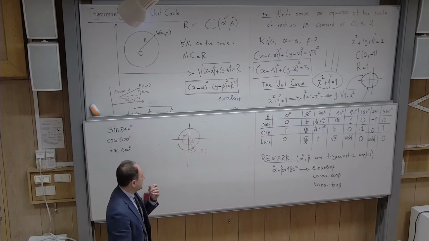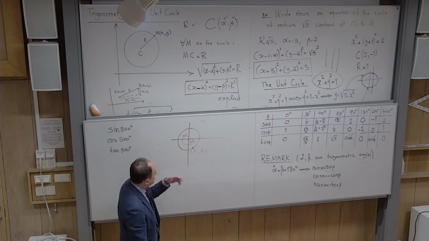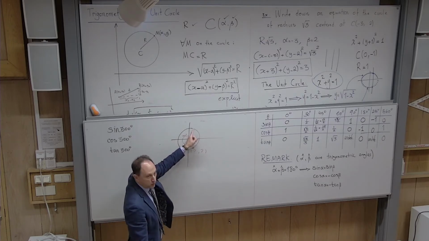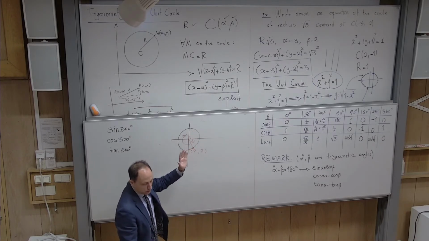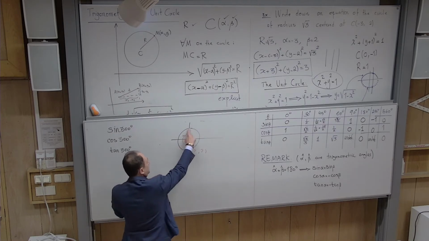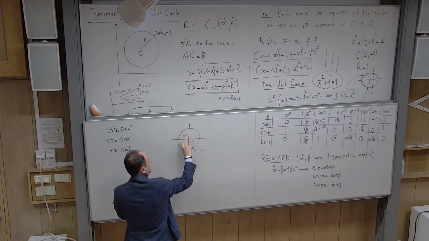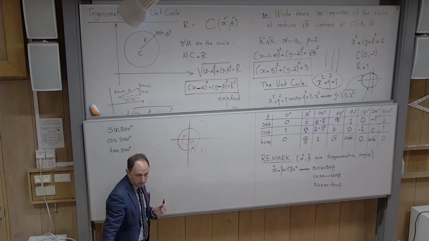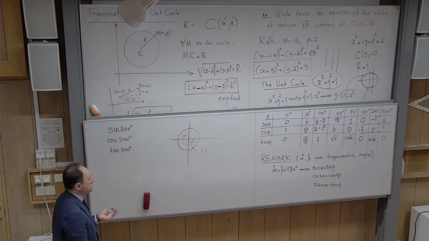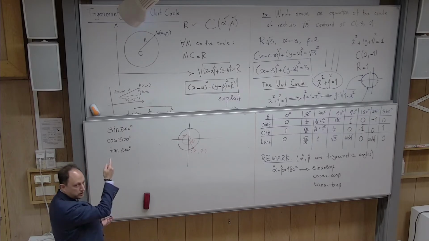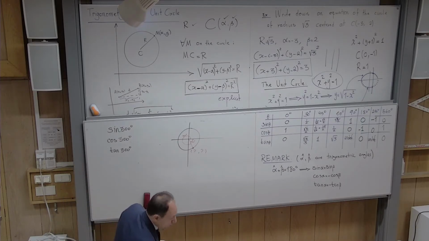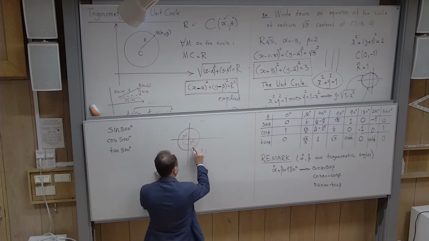I always prefer to connect it with some point in the first quadrant. By the way, I forgot to say, this one is the first quadrant, so you go counterclockwise. This one is the second, the third, and the fourth. So always try to connect your point to some point in the first quadrant. It means that you look for the mirror image.